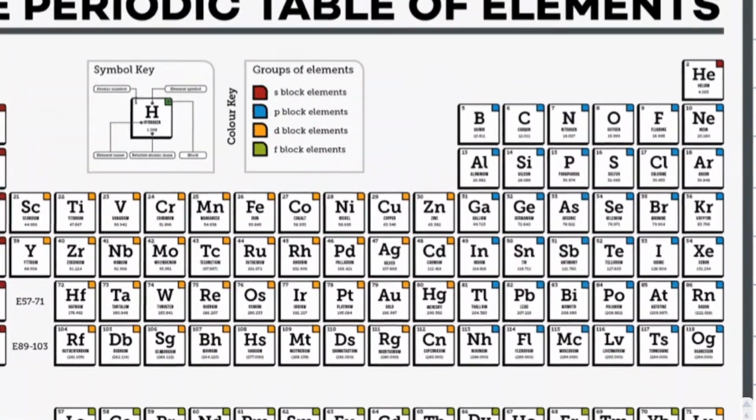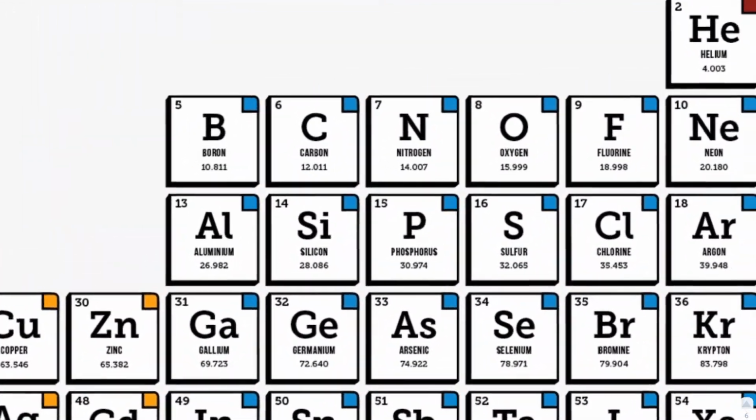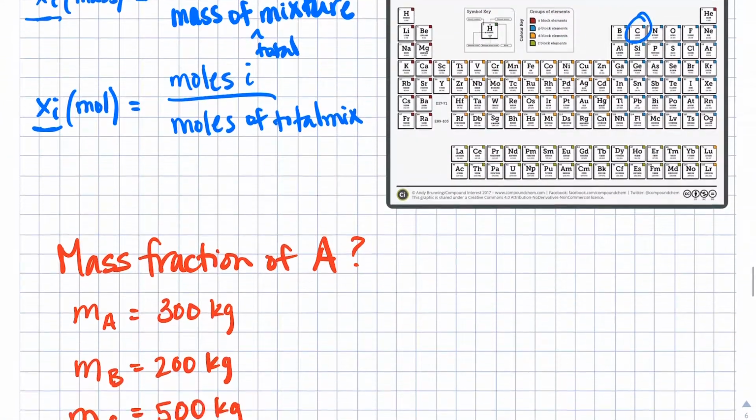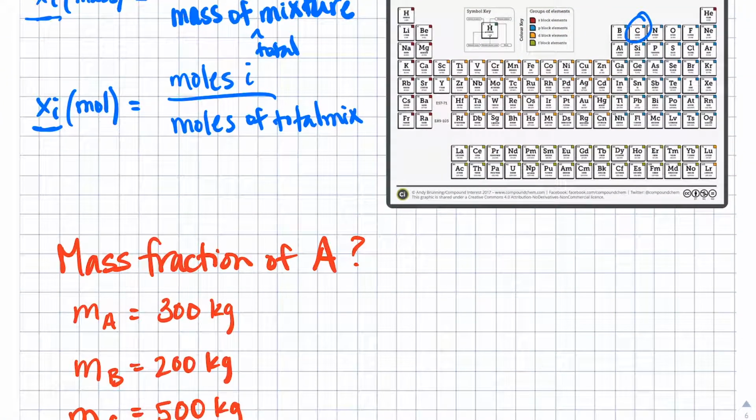Just a little review from chemistry here. If I go to a certain element, like maybe carbon, I can see its atomic weight is what they call it, 12.011. To a chemical engineer, really what we do when we see that is we say, okay, it's 12.011 grams per mole. And that's how we relate grams, a weight or a mass, to moles, which is an amount of chemical species.